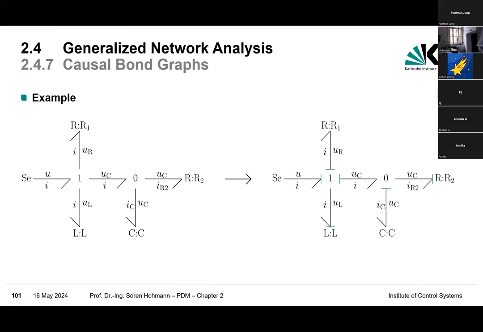Second example, one example here, a causal bond graph. We start with the example we mentioned before. Source of effort. Effort means a flow out causality. We get here our preferred causality there.